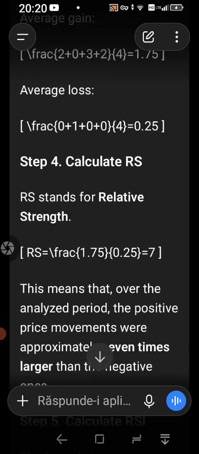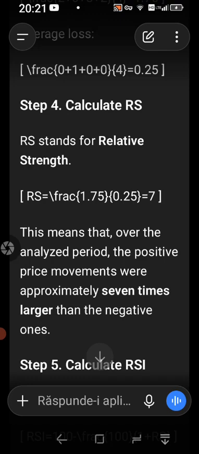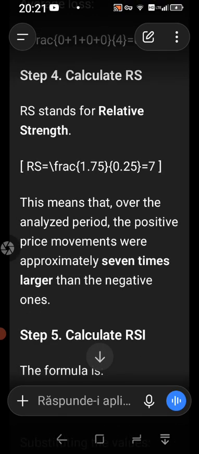Step 4. Calculate RS. RS stands for relative strength. RS equals 1.75 divided by 0.25, which is 7. The relative strength is 7.